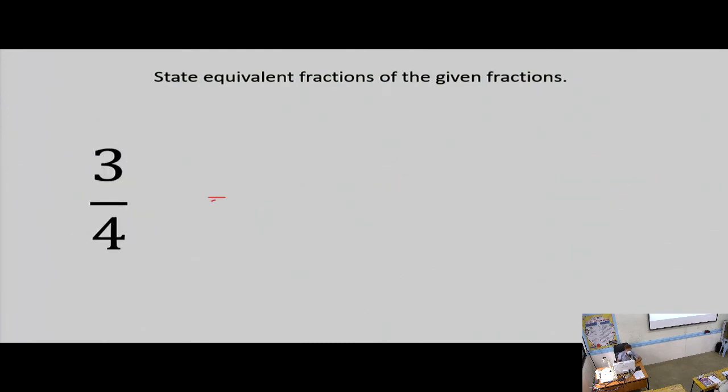How about if the denominator is 40? What would be the numerator? 30. Very good. And they are equal. What if I gave you the denominator which is 36?